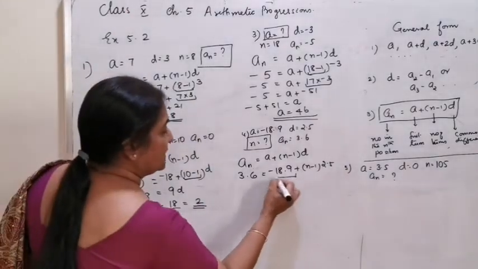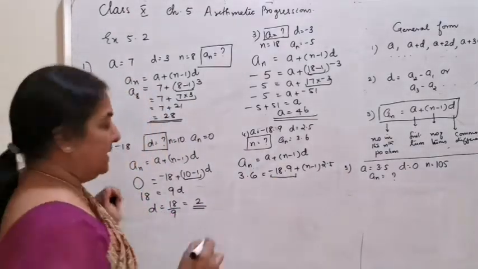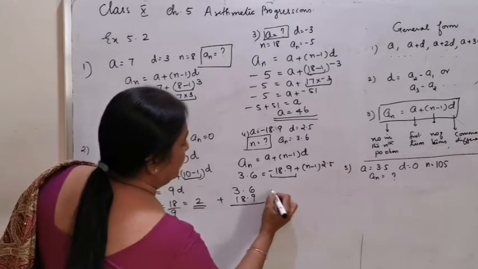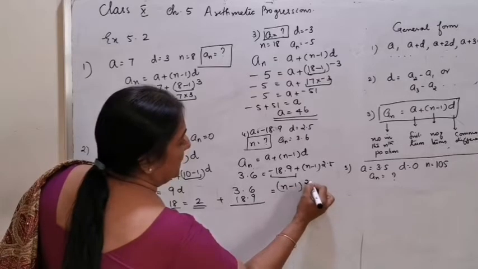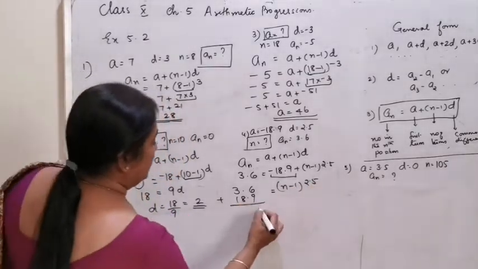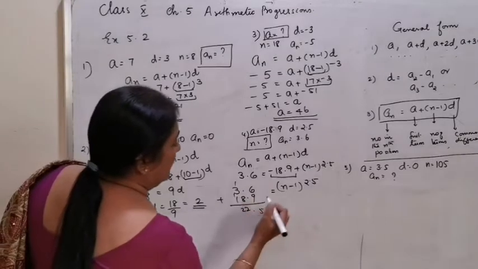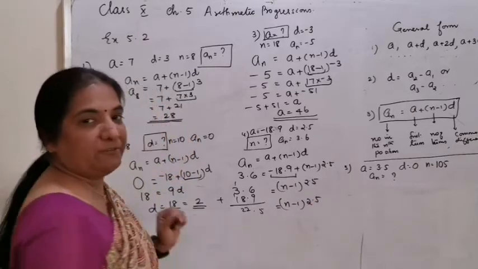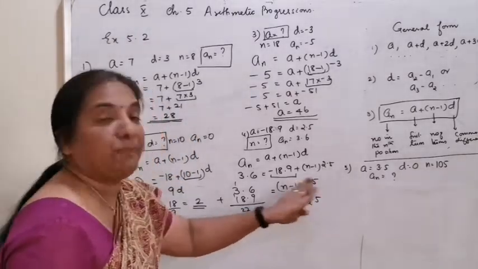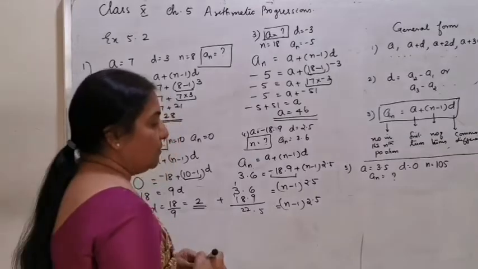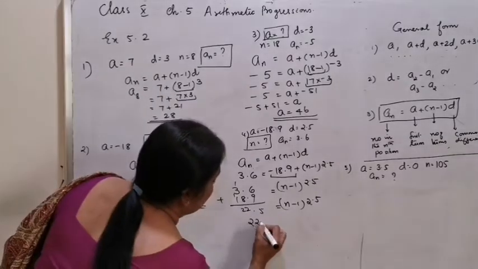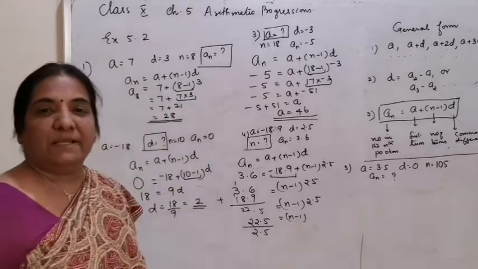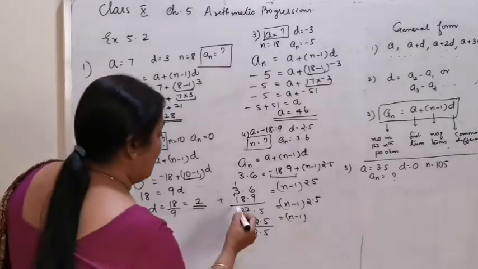The first step is to transpose minus 18.9 to the left side. 3.6 plus 18.9 is equal to n minus 1 into 2.5, that is 22.5 is equal to n minus 1 into 2.5. Instead of expanding it, from the next step onwards, what you can do is 22.5 divided by 2.5 is equal to n minus 1. This will be the easiest way of calculation.